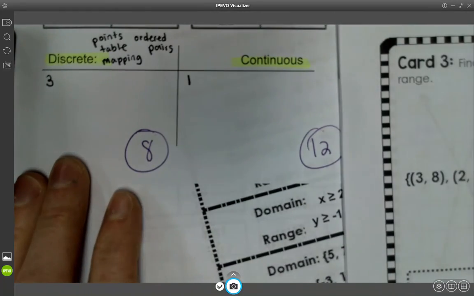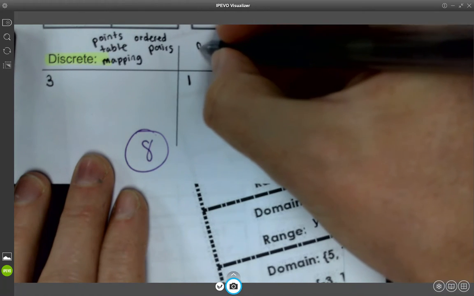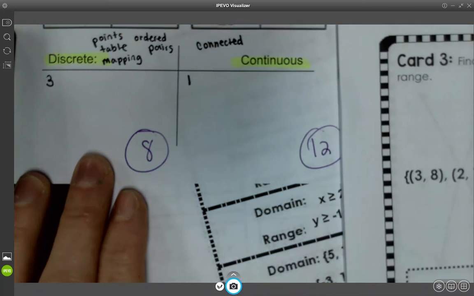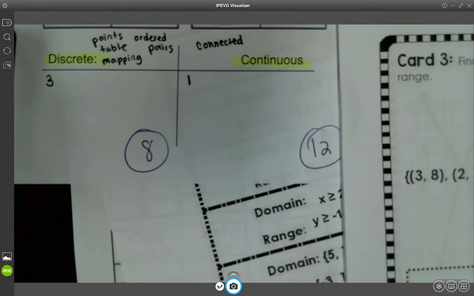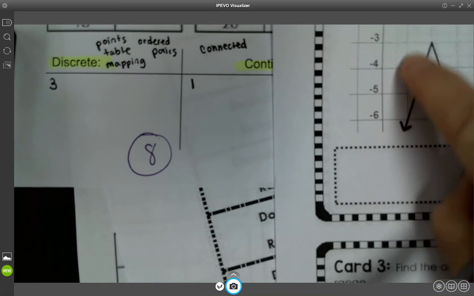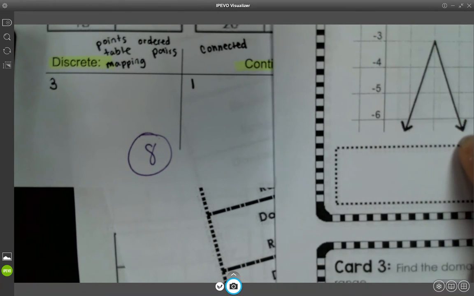And then continuous is a graph of any line or curve that is connected. And you're not connecting points to make it continuous. It's already connected. So that's why I would say this is continuous, because we have a connection between this line and this line.